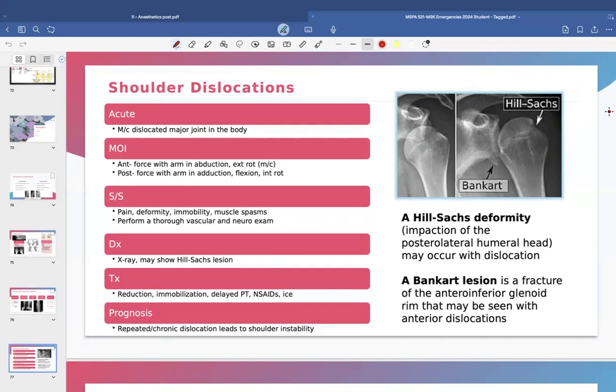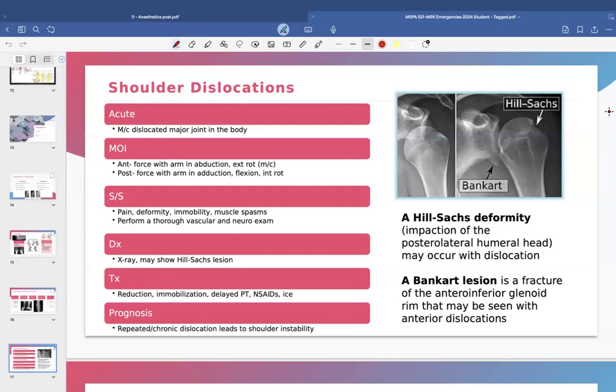The Bankart is a fracture of the anterior inferior glenoid rim, seen with anterior dislocations. Anterior dislocations come from an anterior force with the arm in abduction. Your posterior dislocations are going to be with adduction or flexion.